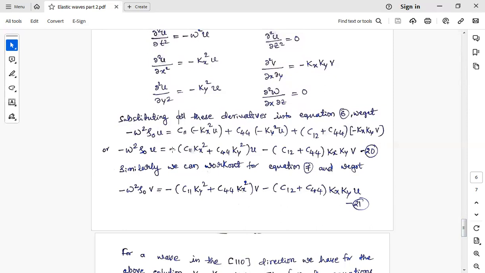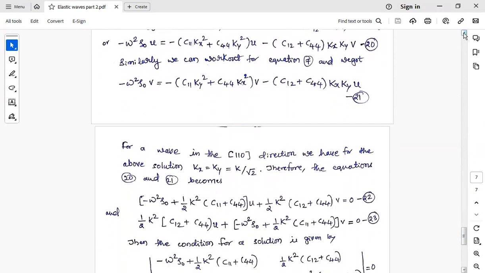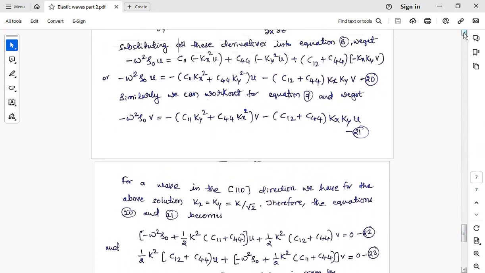This LHS you write as it is, and you take u common from these two, and here minus n comes, and these are the stiffness constants and kx, ky, v. In this way, we got an expression for the solution of the wave in the x direction as equation 20.